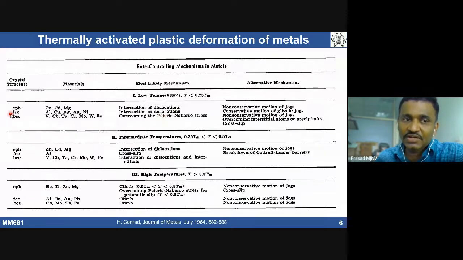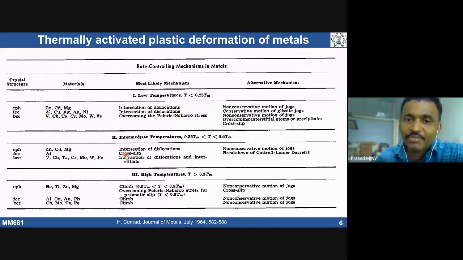Look at here. If I take an FCC material, aluminum, at three different temperature domains. At low temperature, intersection of dislocations is the rate controlling mechanism. That means what we are considering, these are all thermal barriers. When you talk about temperature, we are talking about only thermal barriers here. So intersection of dislocations is the rate controlling mechanism at low temperature.